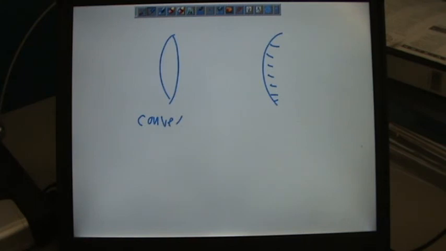So what is this about convex or concave? We have a convex lens or convex mirror, for example. We call this a convex lens, and we call this a convex mirror. So how to remember? Just remember if I put some hair here, and this is my eye and my smiling face, and the hair here.